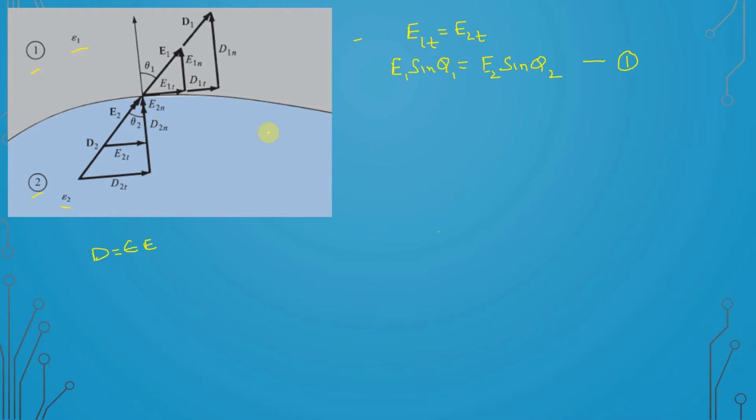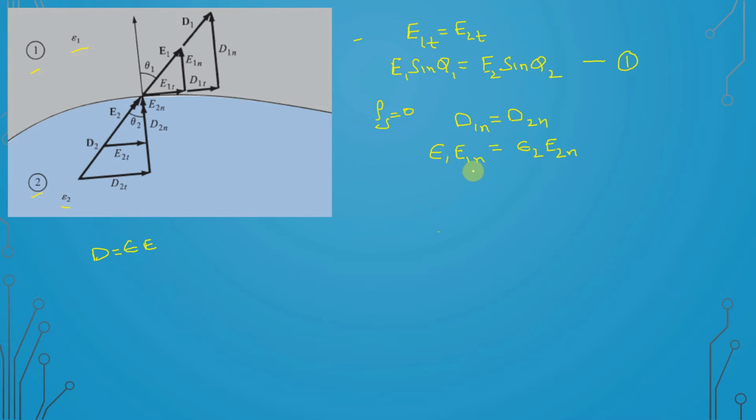Now if there is no charge at the interface, if rho s is equal to 0, then the normal component can be written as D1n is equal to D2n. So what is this D1n? You can write epsilon 1 E1n is equal to epsilon 2 E2n.